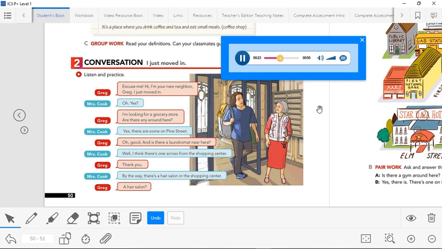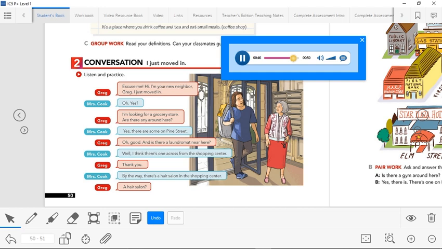I'm looking for a grocery store. Are there any around here? Yes, there are some on Pine Street. Oh, good. And is there a laundromat near here? Well, I think there's one across from the shopping center. Thank you. By the way, there's a hair salon in the shopping center.